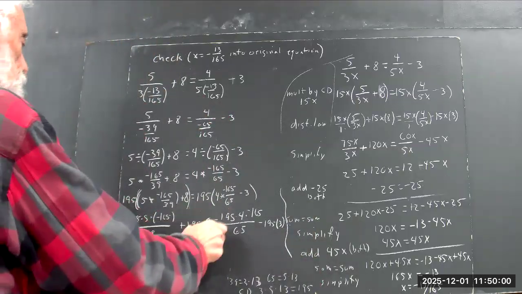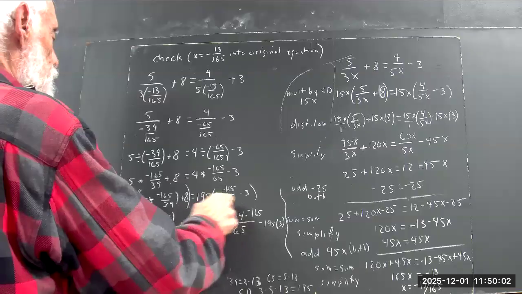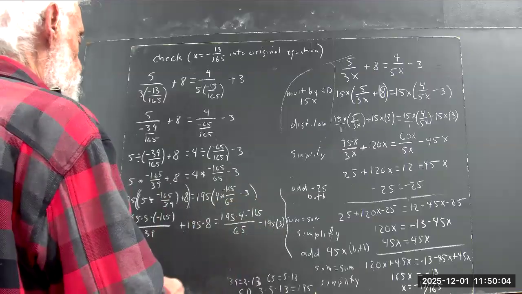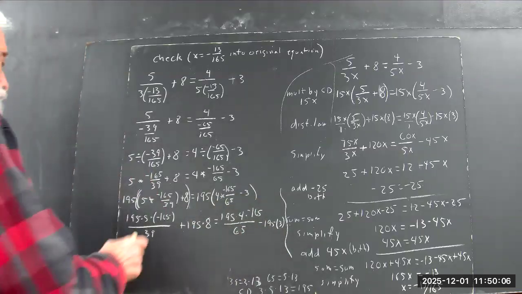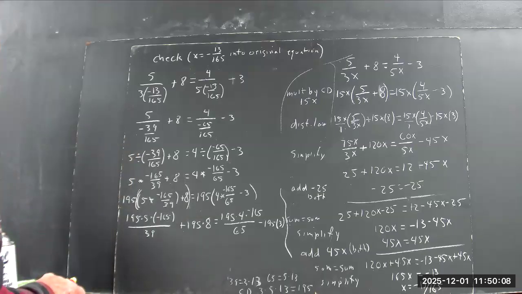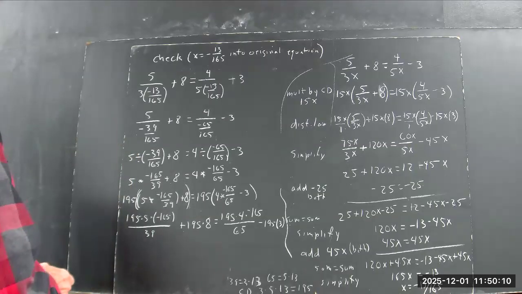The 195 multiplies this. 195 multiplies negative 3.